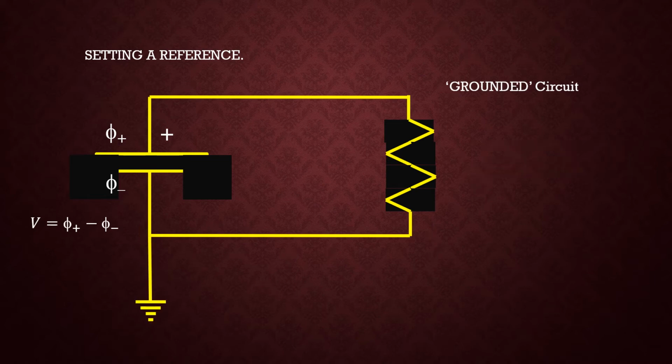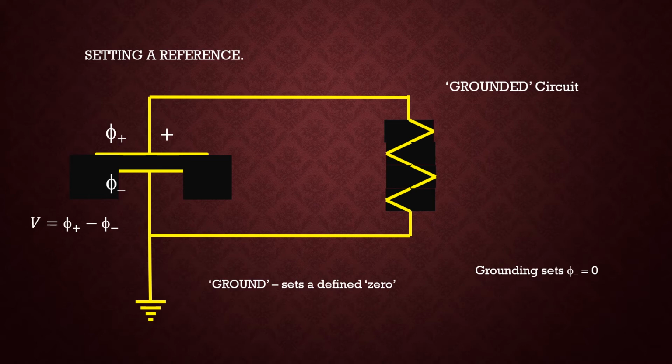On the other hand, if I attach part of the circuit to something else that serves as a reference, in this special case, we refer to this as the ground. You've probably heard of this terminology. I'll explain what it means shortly. But by grounding the circuit, I, in effect, define a zero.